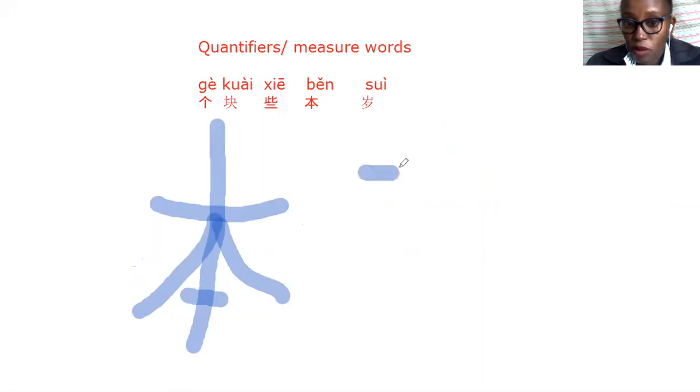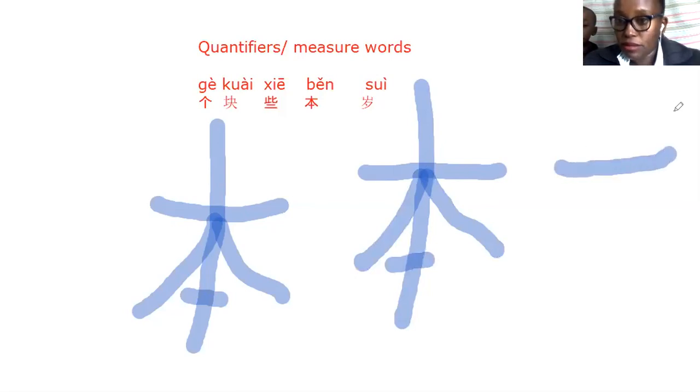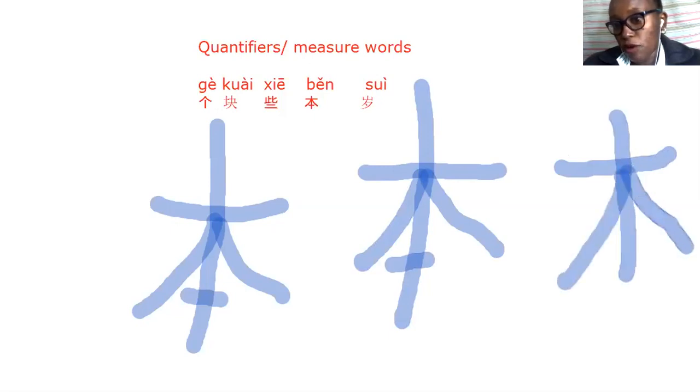So you have 1, 2, 3, 4, 5. Again, 1, 2, 3, 4, and 5. 本, 一本书.